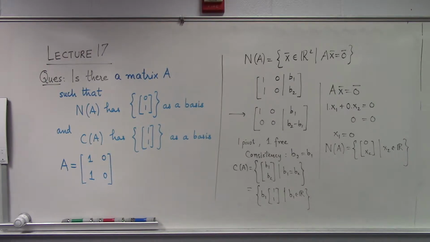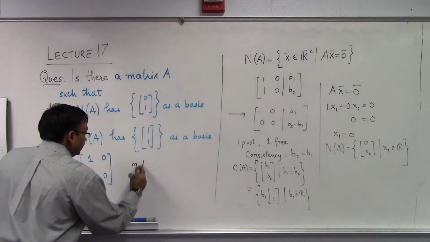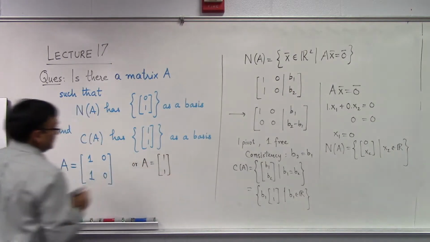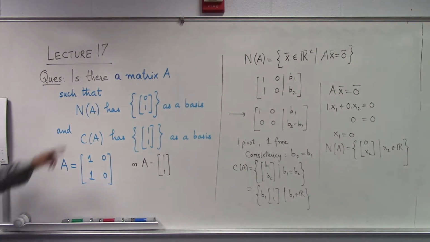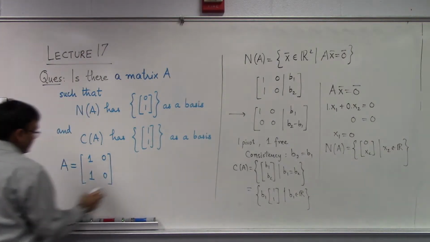But apart from that, can we say something? For example, is this the only matrix, or could A be something like this, just a matrix of this form, (1, 1)? Could it be? Well, if you think a little bit, A cannot be of this form because then it doesn't satisfy the null space criteria. So if somebody says, is this the only matrix which can do this job?